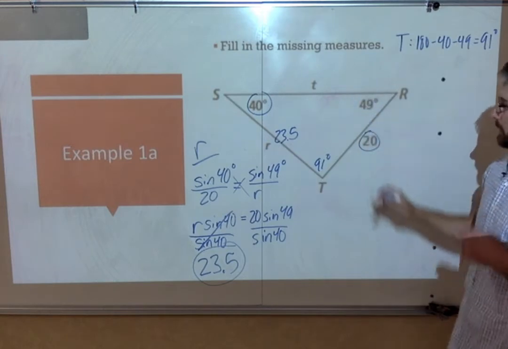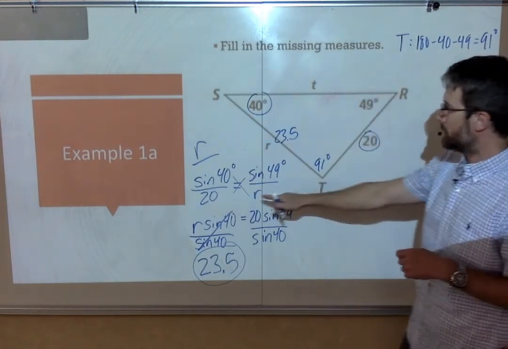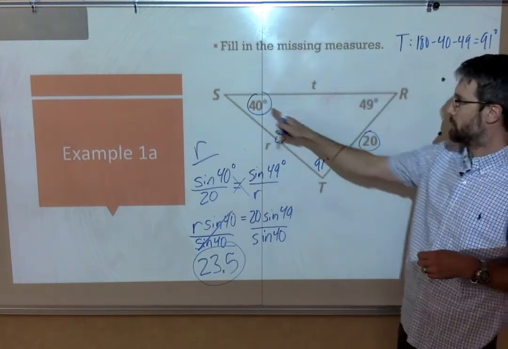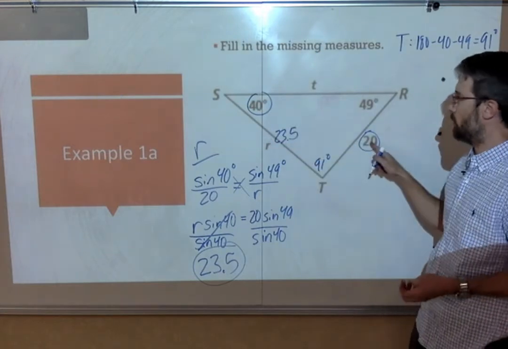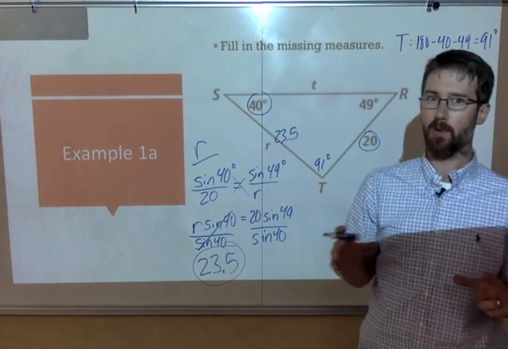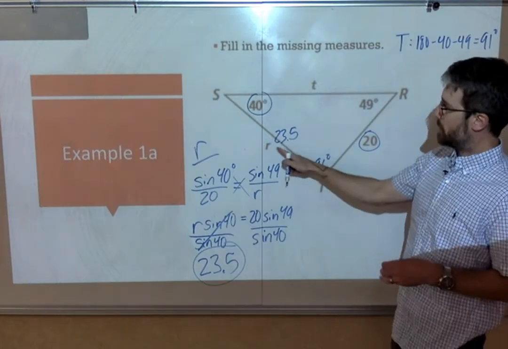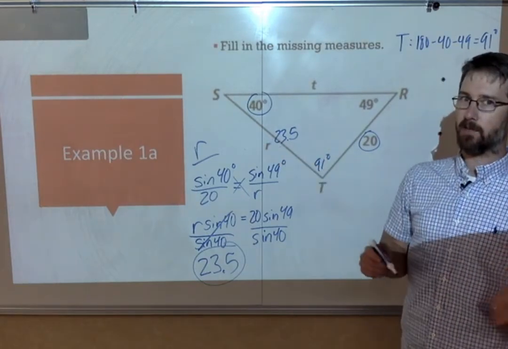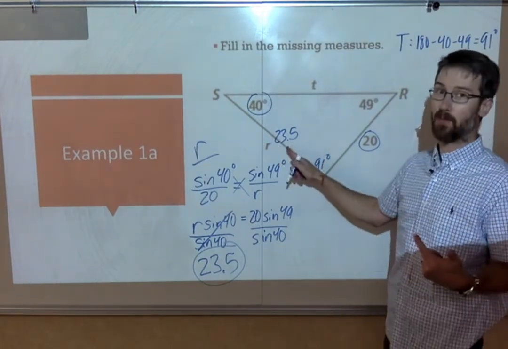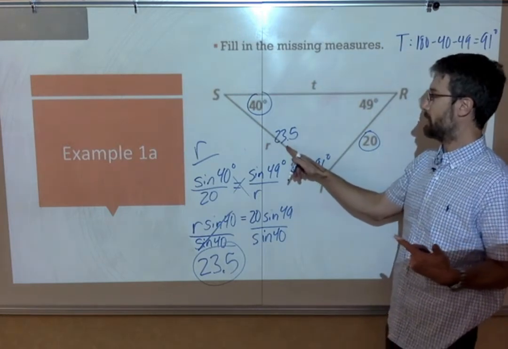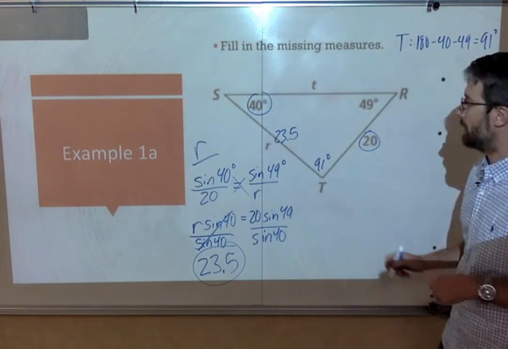All right, now to find side T, same idea. I want to start with sine of 40 and 20 because that was given information, so I know that that's accurate. If I try to use R, I could have made a mistake. Also, I had to round that, so it would be really easy to make a mistake using that one.